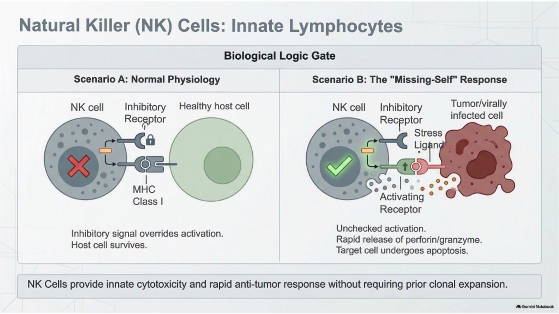So imagine a cell becoming infected with a virus that interferes with MHC class I expression. From the virus's perspective, that may be advantageous because reduced MHC class I can make it harder for CD8 T cells to recognize viral peptides displayed by the infected cell. But now the virus has created a different problem.